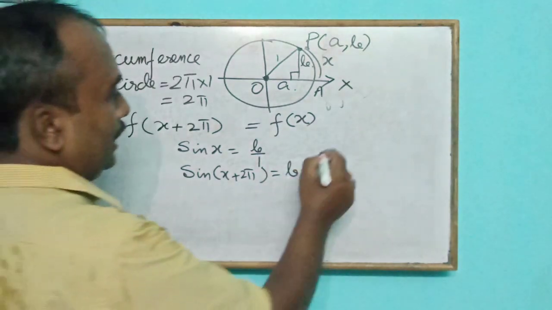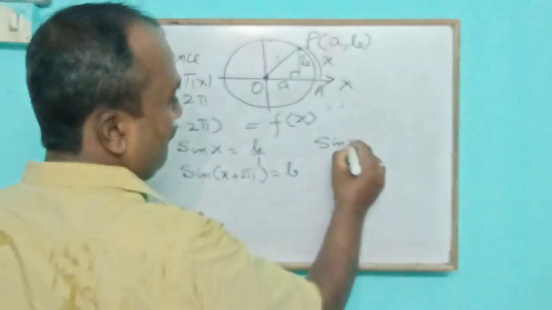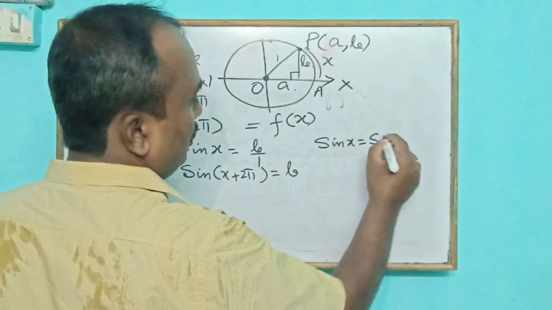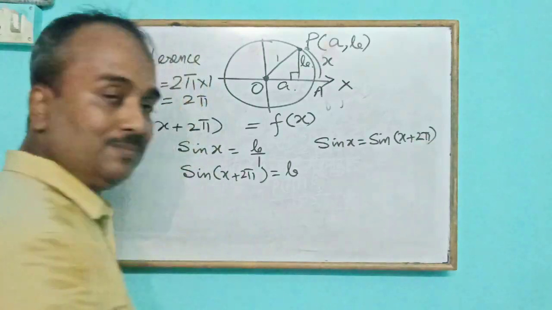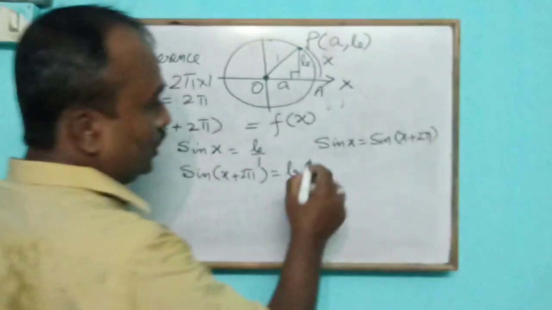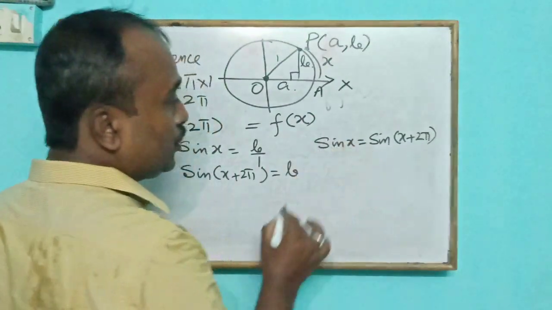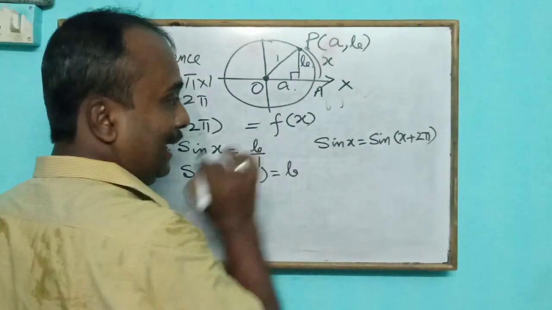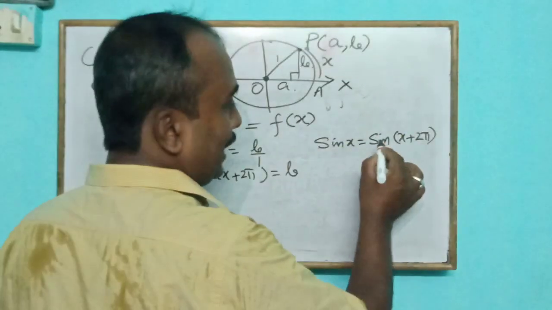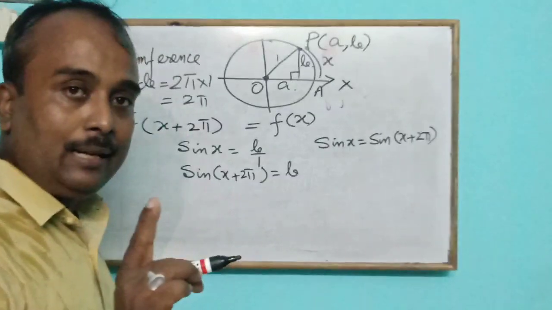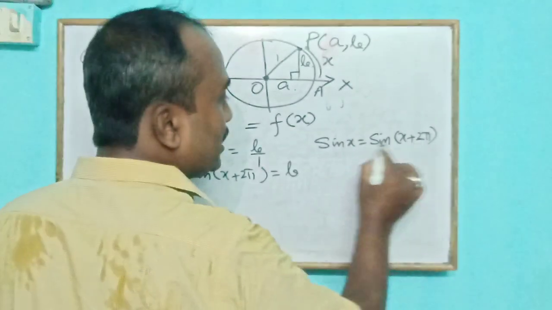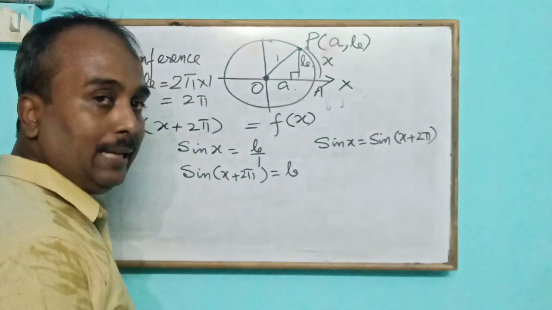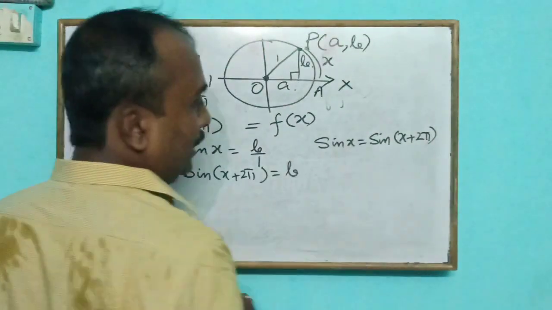This shows that sin x equal to sin x plus 2 pi. So the trigonometric values of sine at x and the trigonometric value of sine at x plus 2 pi is same. That means the periodicity of the trigonometric function sine x is 2 pi.